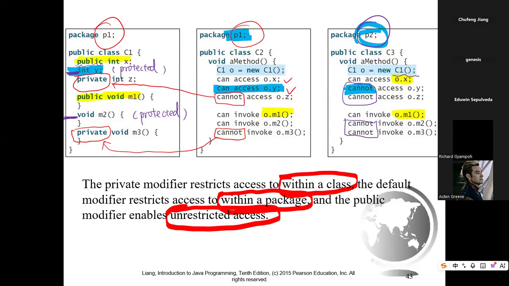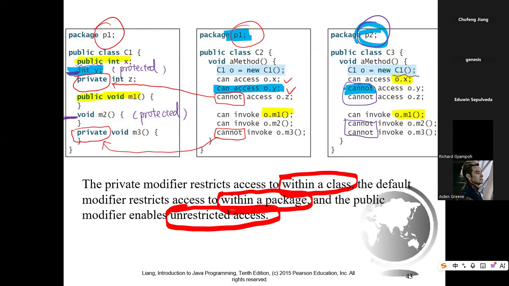If you have learned something more, or you may be taking a C or C++ class, protected is also a keyword in those languages. Then in the C1 class, we have a public void method M1, and also a method M2 without any modifier.